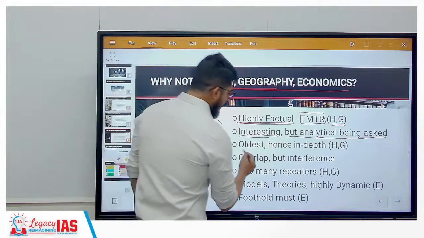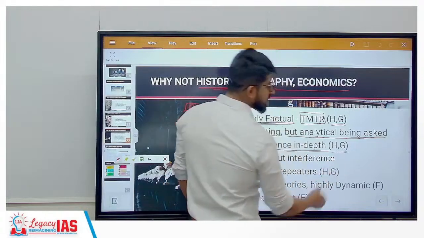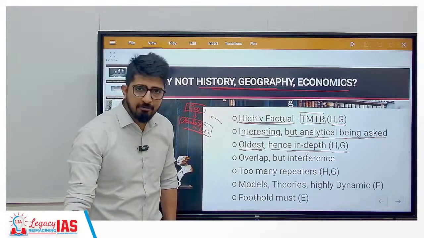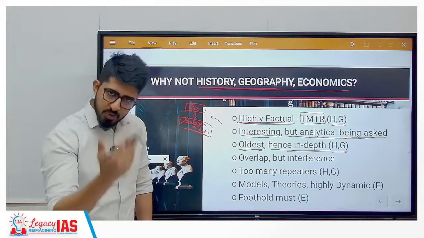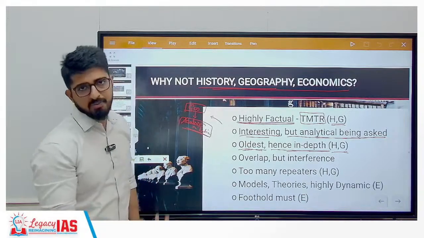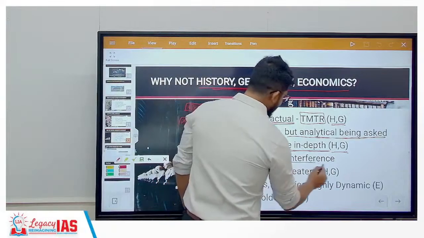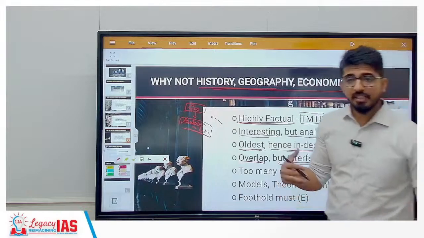And next, oldest, hence in-depth history and geography. They are the oldest. That is why you tend to get very in-depth questions. Why? Because they have exhausted almost all the questions, all the areas. Now, in-depth questions. Overlap, but interference. Overlap with your GS subjects, but there is interference.